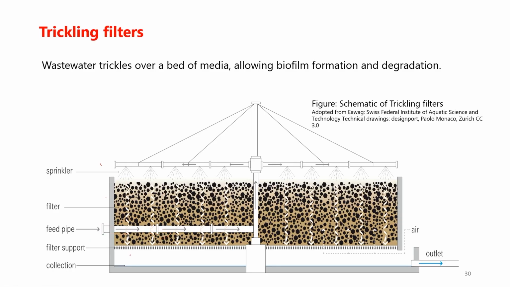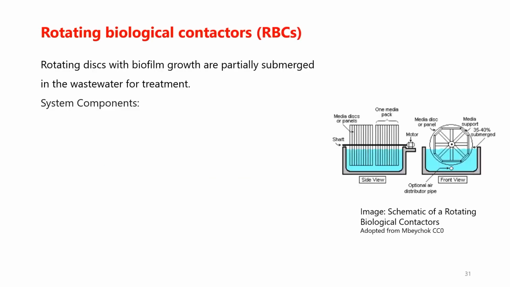Then this is the filter support, which separates the collection chamber from the media chamber. Then natural air is allowed in, as discussed earlier, and this is the outlet through which the treated wastewater will exit. So, this is a simple arrangement in a way.